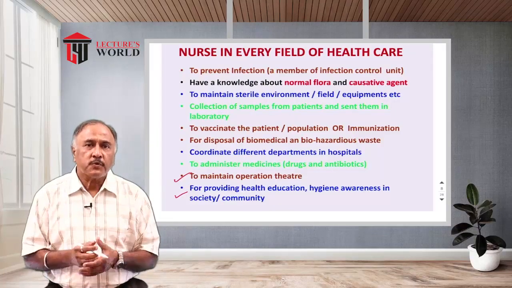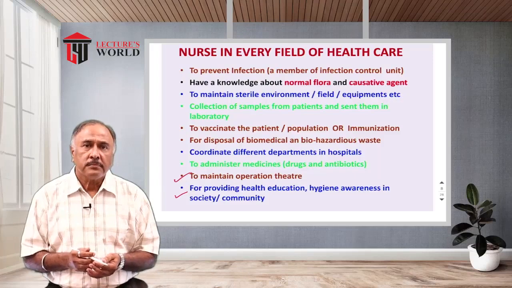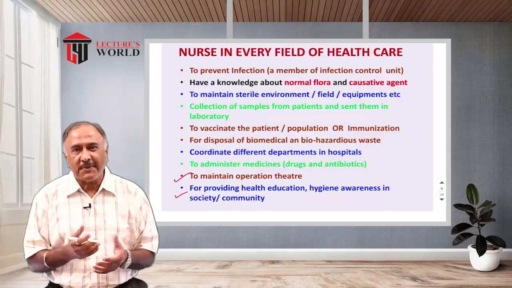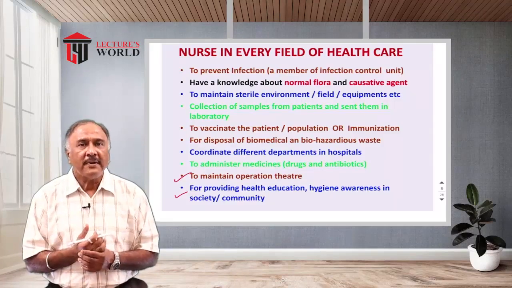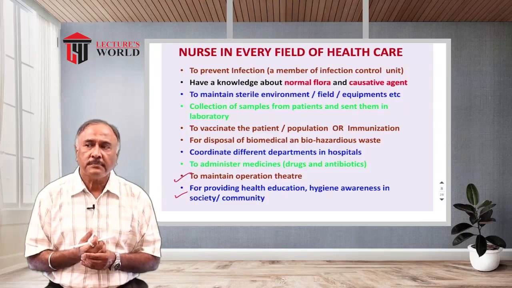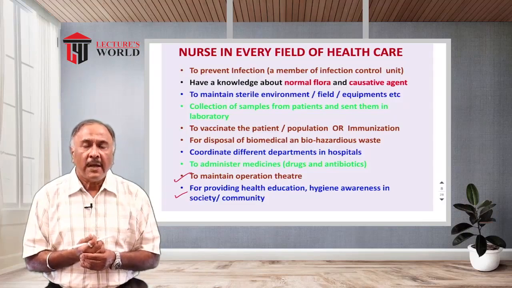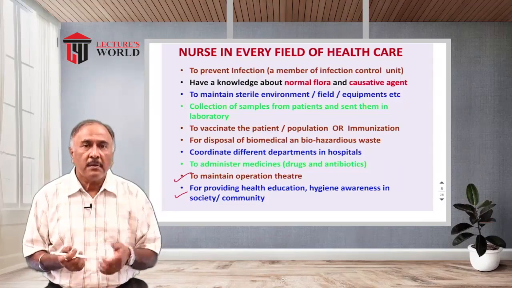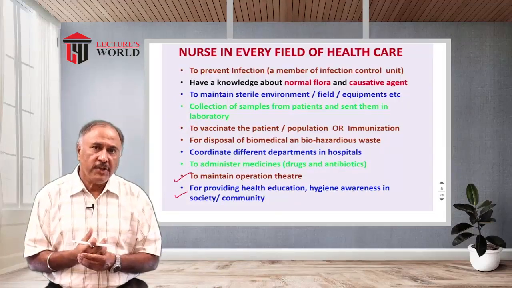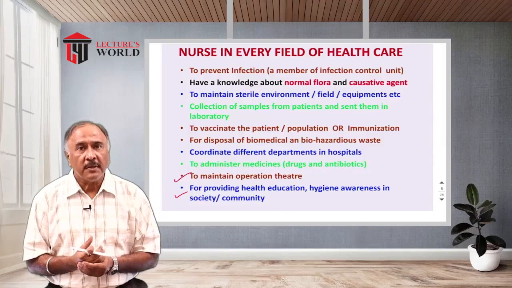That virus was so virulent that within a period of 6 months, that virus spread in the entire world. And the epidemiology, or I would say the pandemic nature of the disease, was established.